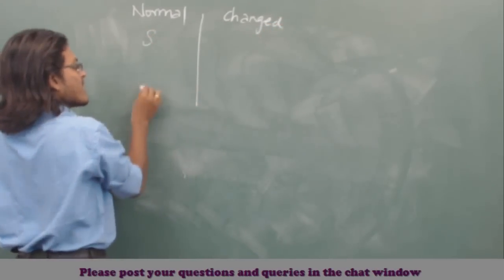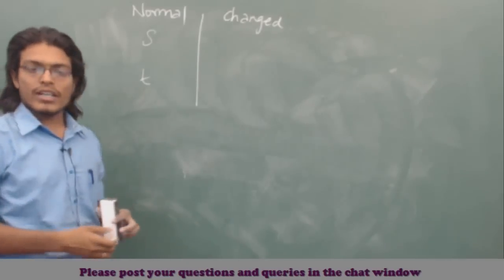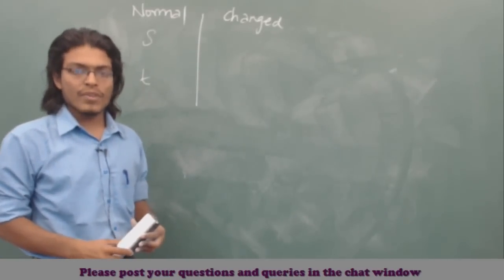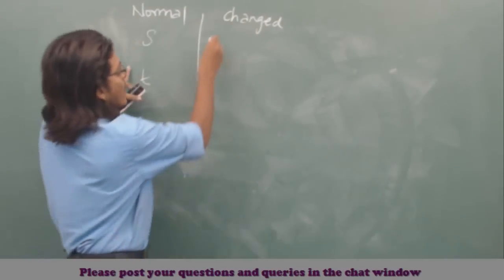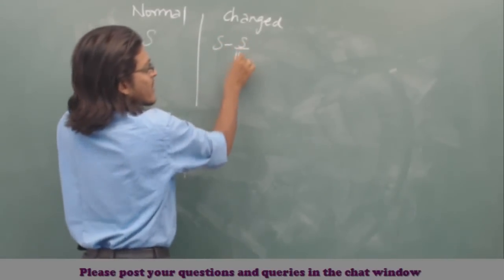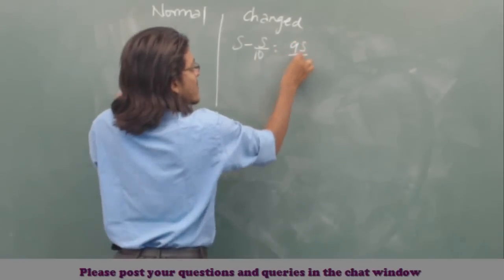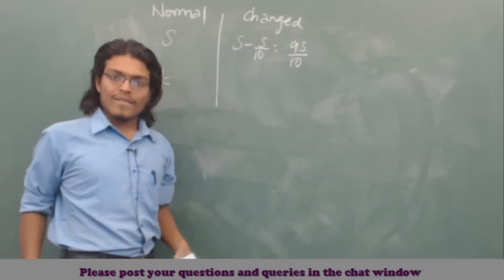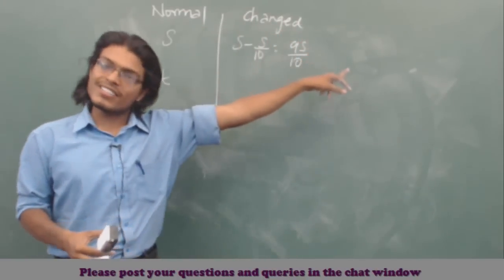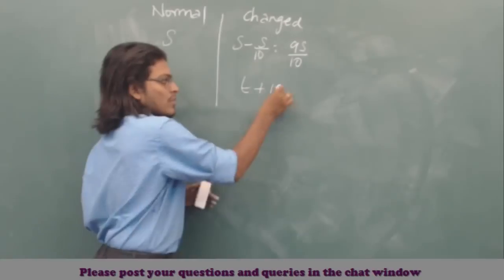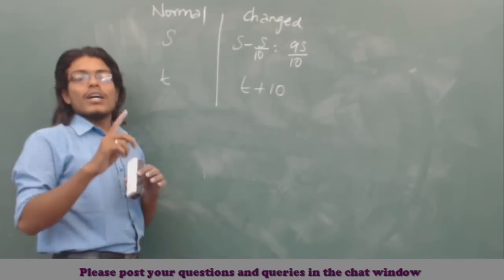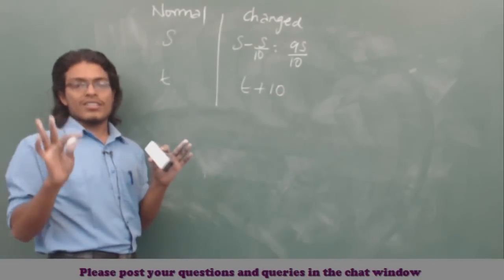The normal speed is S and the time taken is T. If 1/10 of the speed is lost, it is S minus S by 10, which is equal to 9S divided by 10. Okay, so he is traveling at a lesser speed. So how much extra time is he taking? T plus 10. Now in the two journeys, what is constant?